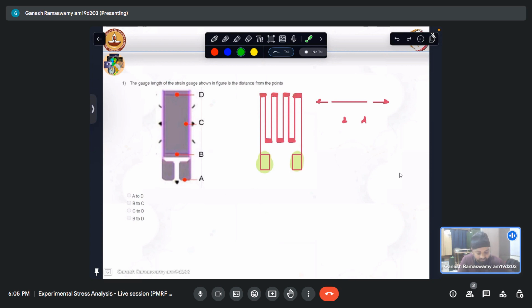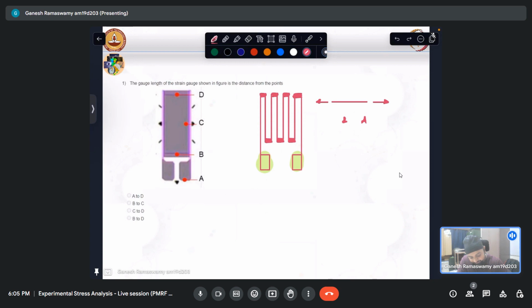Essentially, we are making the area much greater, so that will lead to those effects dying down. So the results that we get will be dominant with the response along this direction, the direction in which we want to measure, the direction in which our gauge length is.